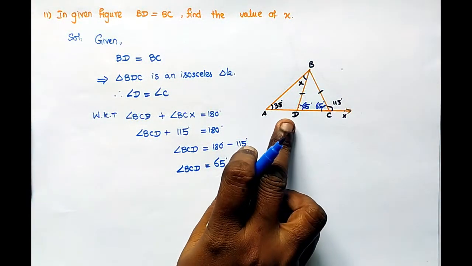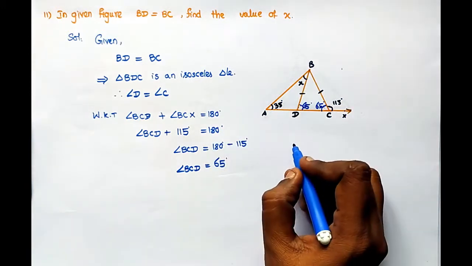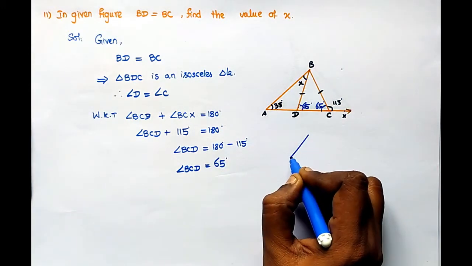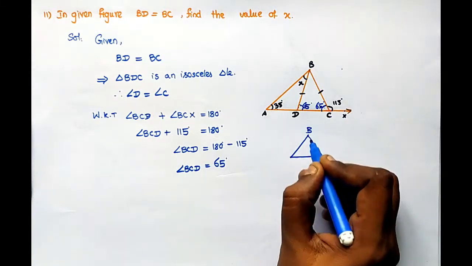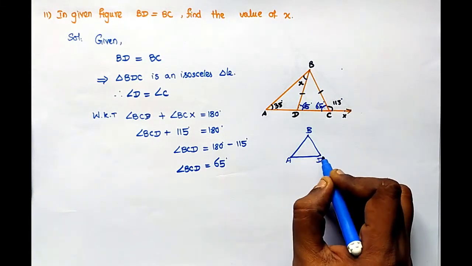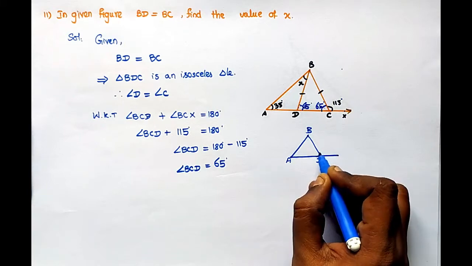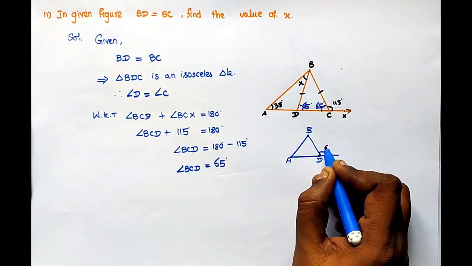Listen here, in this triangle BAD, the exterior angle at D is 65 degrees.